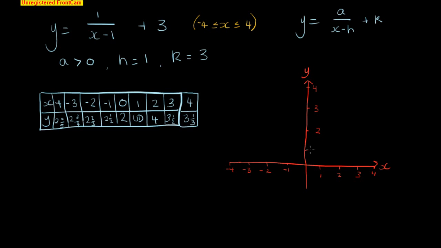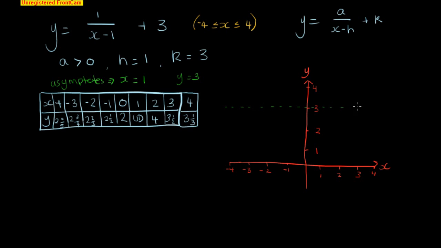Now I'm just going to dot in our asymptotes. So h is 1, so our asymptote is at x equals 1, and y equals 3. This will help us draw our graph better.